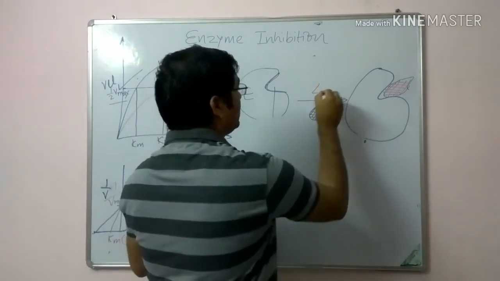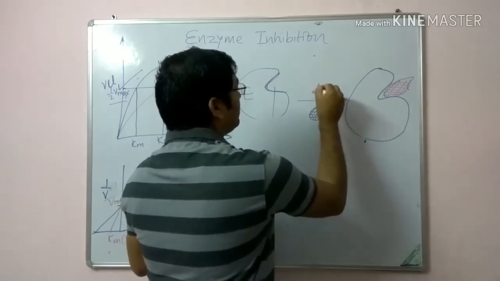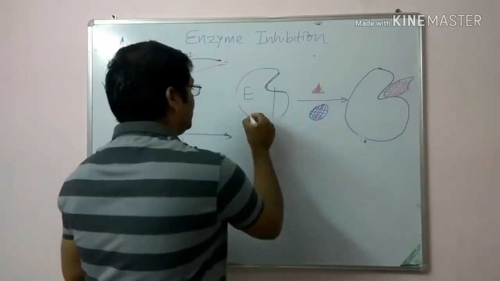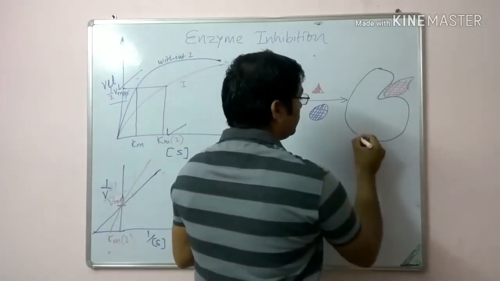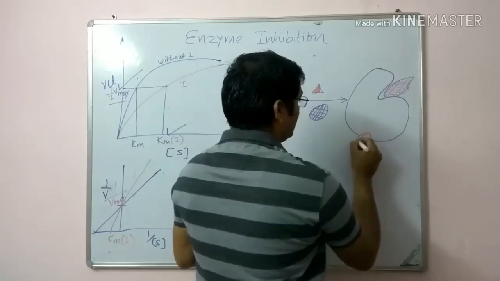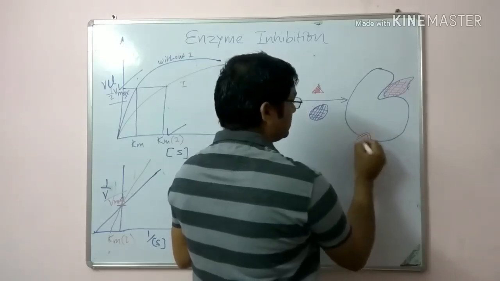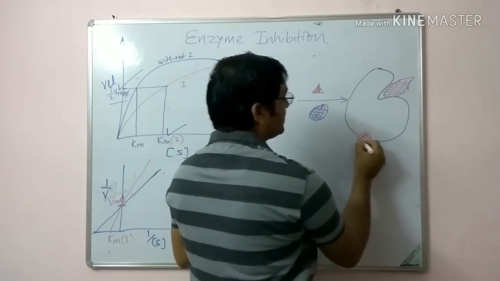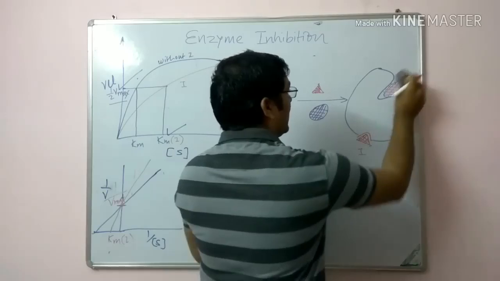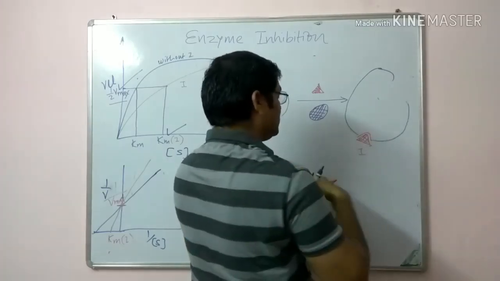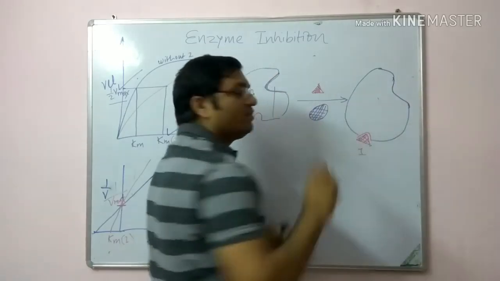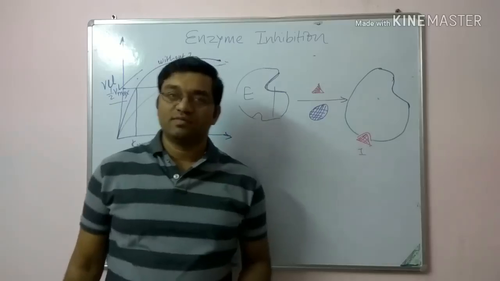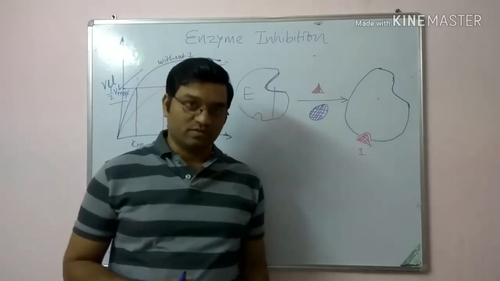Suppose this one is the inhibitor, and it binds to a site other than the active site of an enzyme. This one is the inhibitor, and it causes a conformational change in the active site of the enzyme, and the substrate cannot bind with the active site of the enzyme. This is non-competitive inhibition.